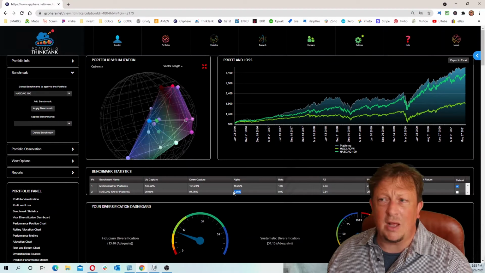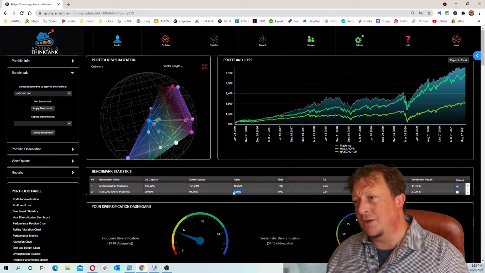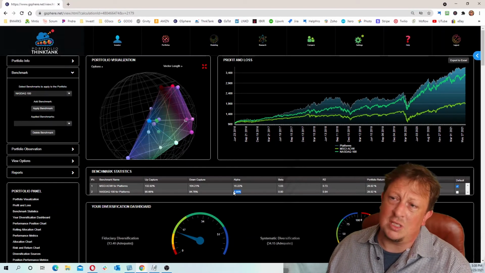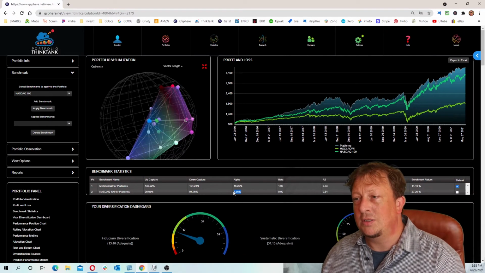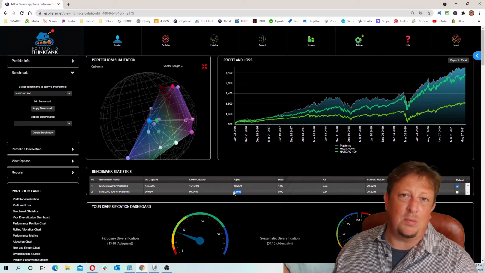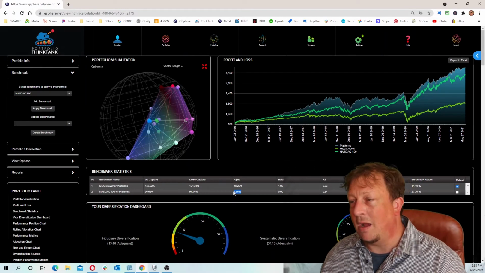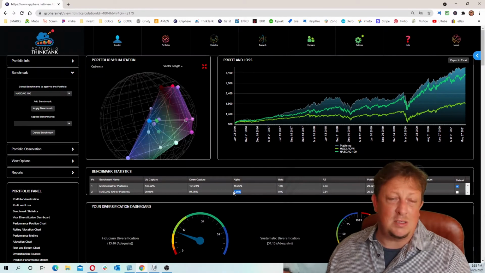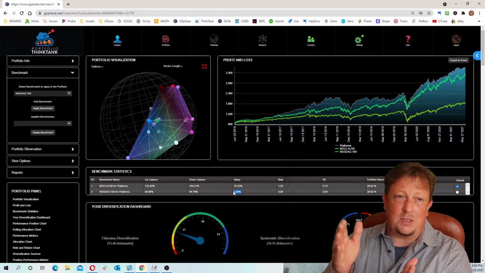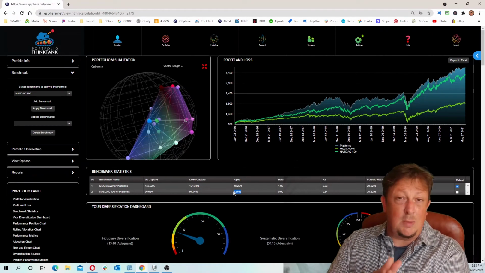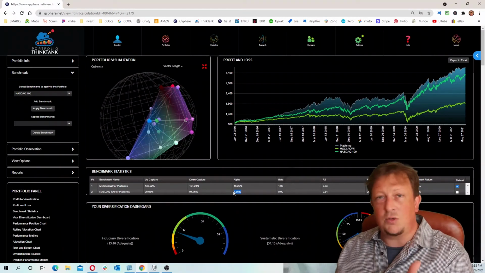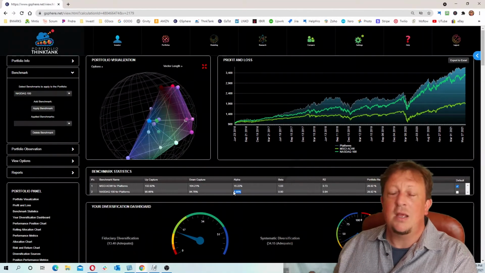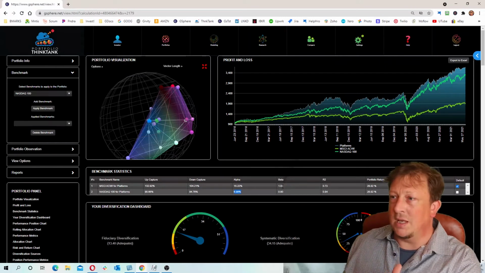On the flip side of alpha is the beta. Beta tells us how much this portfolio moves compared to a movement in the market. So a beta of 1 implies that you own the market. A beta of 2 means that if the market goes up 10%, you're looking to make 20%. And of course, conversely, if the market goes down 20%, you're going to lose 40%.